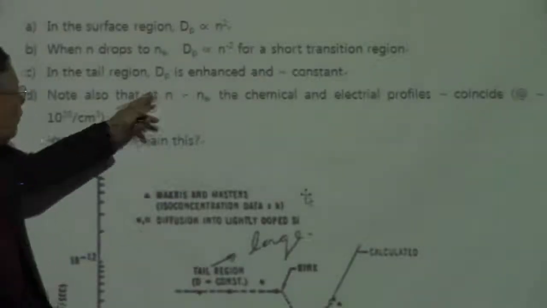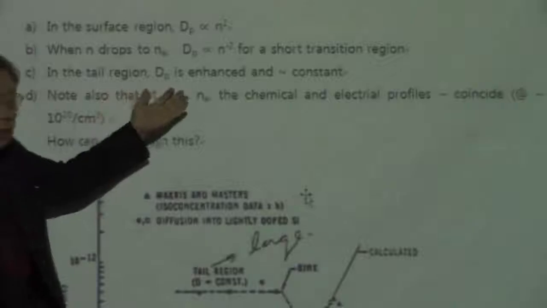And in the tail region, at the end of the diffusion, the diffusion coefficient is enhanced to some constant value. So why in the tail region is the diffusion coefficient of phosphorus suddenly increased to reach the saturation value?